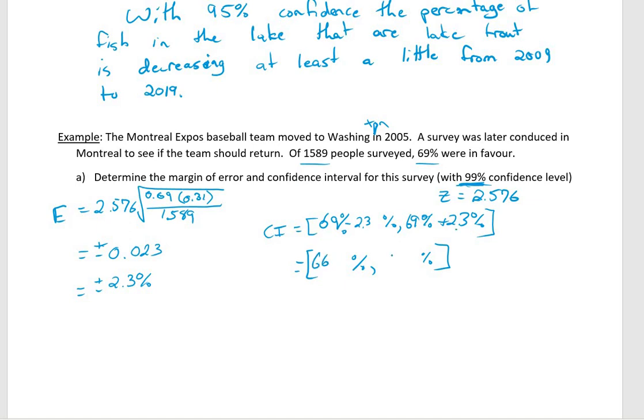So 66.7% to 71.3%. Wow, that's much more reasonable. So yeah, at least 2/3 of all people. That's a very reliable number, especially for a 99% confidence interval. But the reason you can get such a high number there is because we have such a huge sample, right? That's a very, very nice large sample.